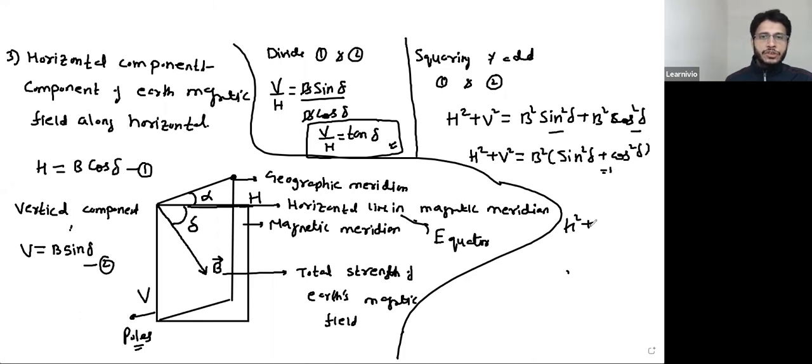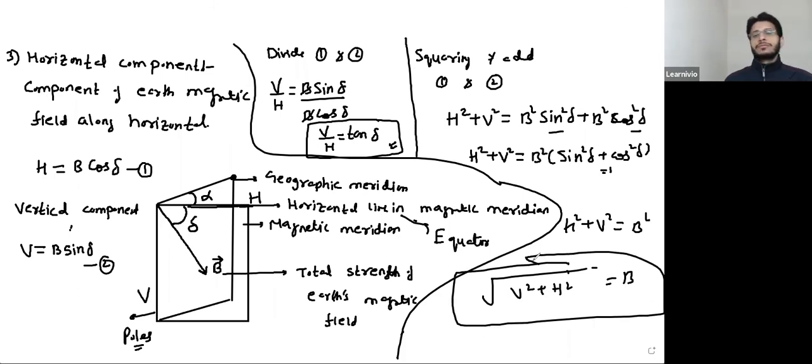Then I am left with H square plus V square is B square. So I can write that B is root over V square plus H square. So if you have the vertical and horizontal components, then you can calculate the total strength of Earth's magnetic field. Remember, B is the total strength of Earth's magnetic field.